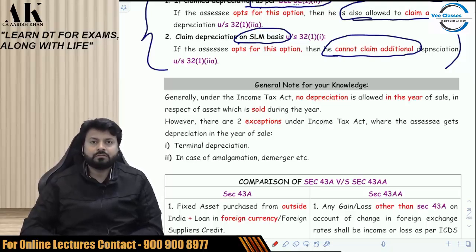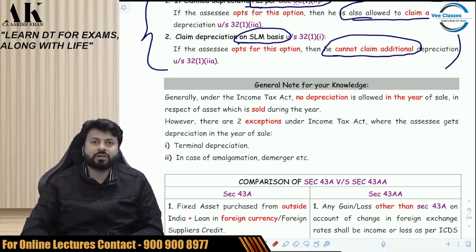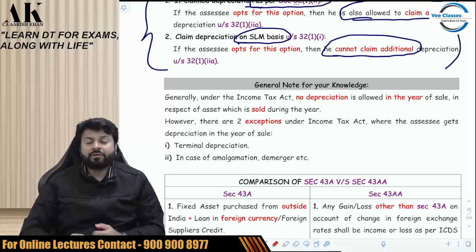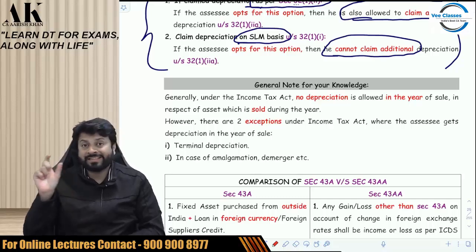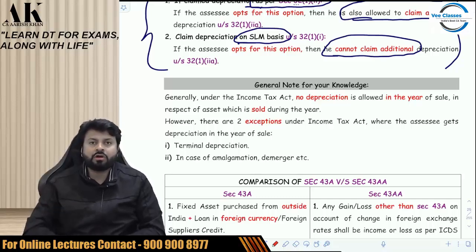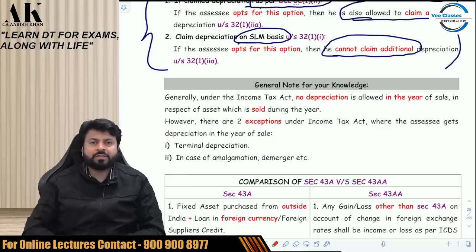Because to claim depreciation, the asset has to be there in the block on 31st March. So if the asset is not there in the block on 31st March, you cannot get depreciation. Therefore, by default, under the income tax law, no depreciation in the year of sale.